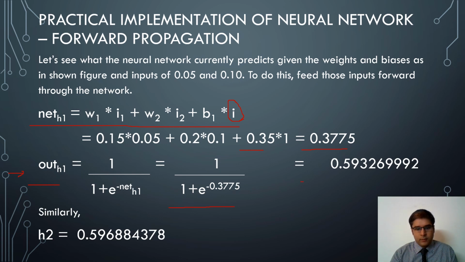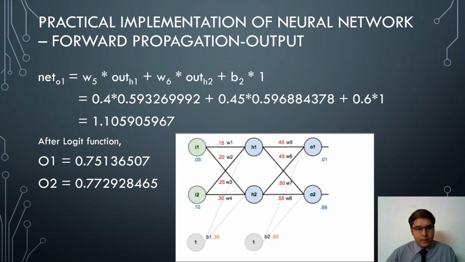That comes out to be this value. Similarly, we find the output of H2 to be this value. Next, we find the net output at output node O1. That is equal to W5 into output of H1 plus W6 into output of H2 plus B2 into 1. So that comes out to be this.